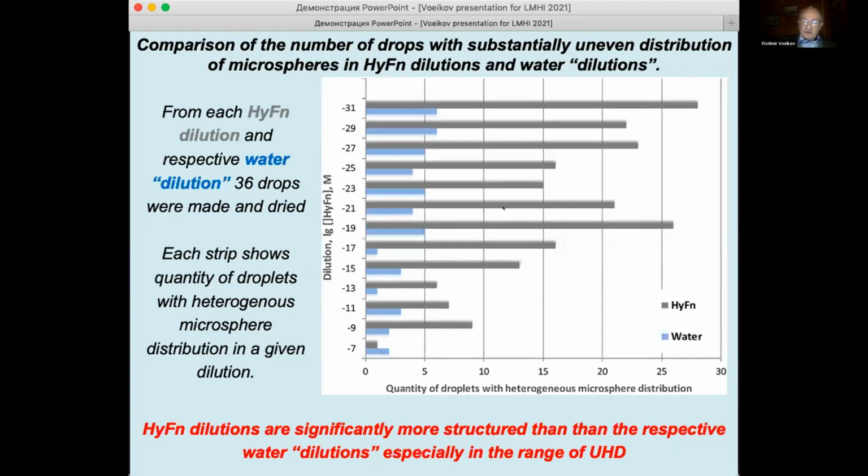With higher degrees of dilution, more and more organized structures can be seen in dried droplets prepared with hydrated fullerenes, and they also appear in water, but in significantly smaller quantities. Hydrated fullerene dilutions are significantly more structured than the respective water dilutions, especially in the range of ultra-high dilutions.